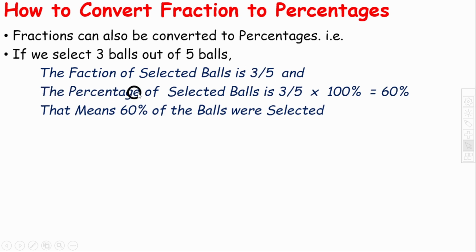And the percentage of selected balls is, you use this fraction, 3 all over 5 times 100 to give us the percentage of selected balls. 3 all over 5 times 100 all over 1. Our result will be 60%. That means 60% of the balls were selected.